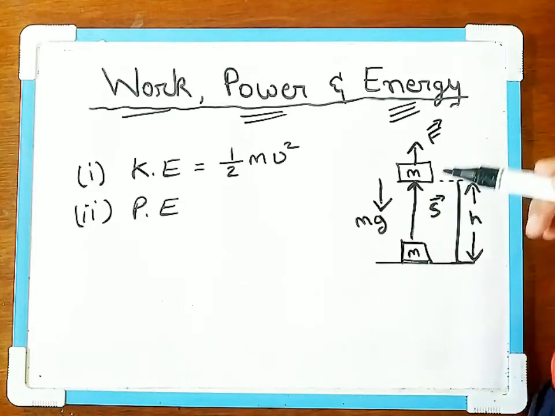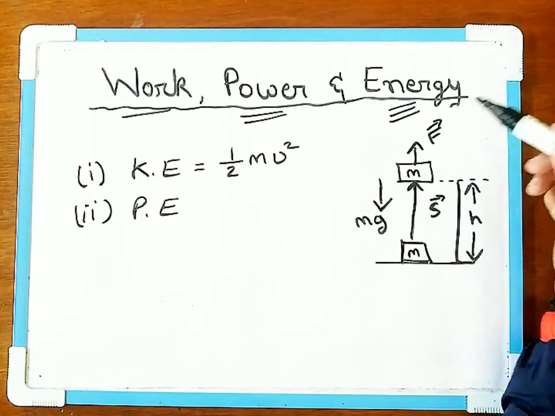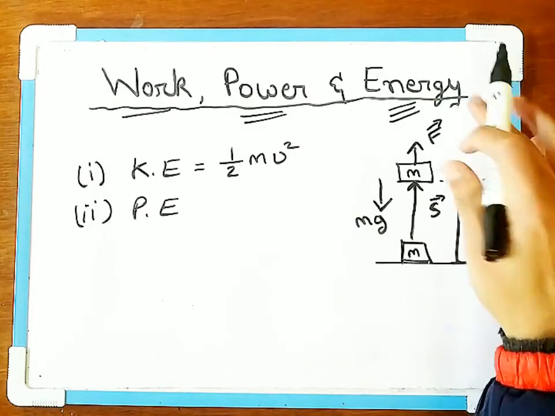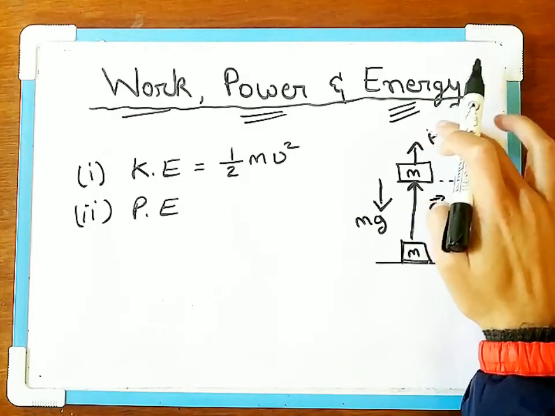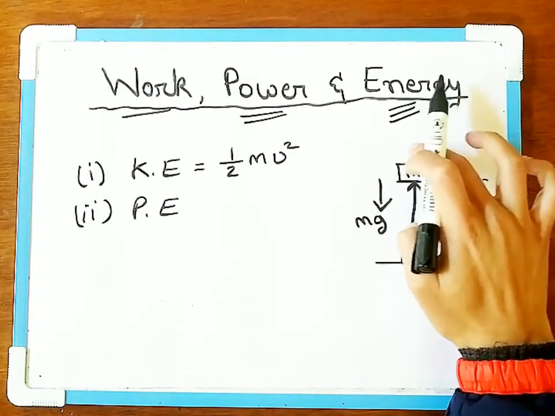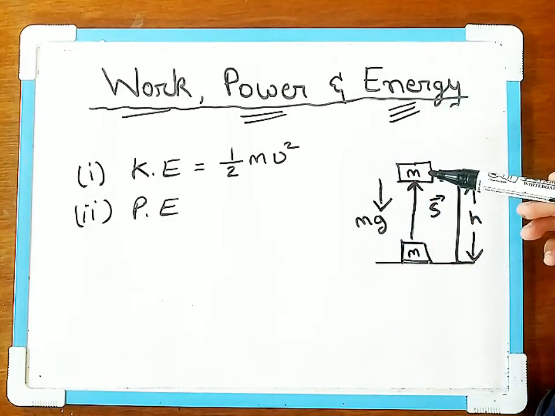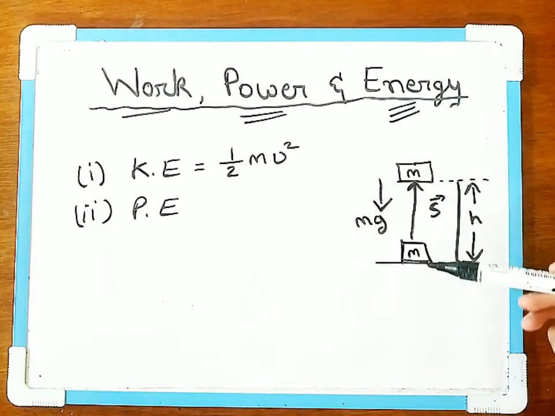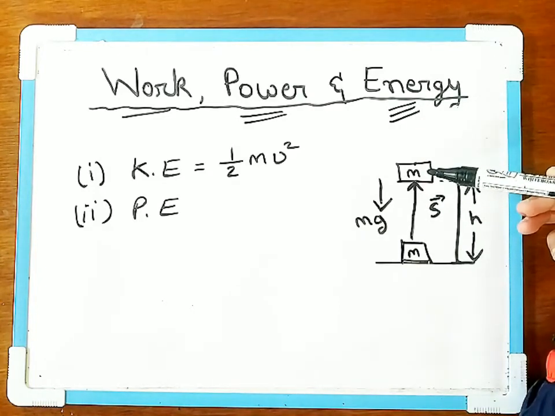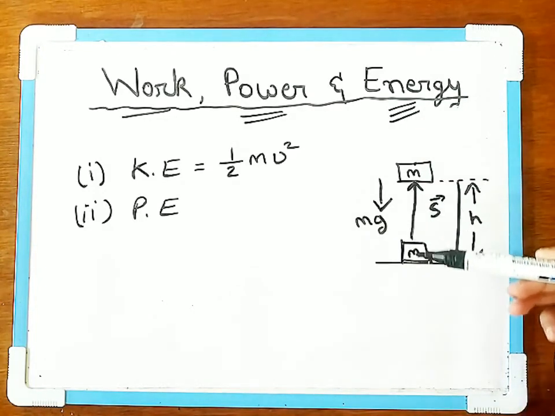So if upon displacing the object to this position we stop applying that force, then this block of mass m will fall to the ground, or it will displace itself from this position to this position.